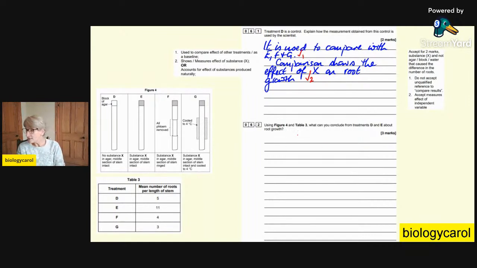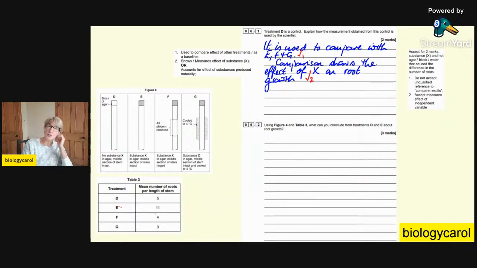Using figure 4 and table 3, what can you conclude from treatments D and E about root growth? D and E. Okay, so here you have got 5 roots in D, and in E you have got 11.